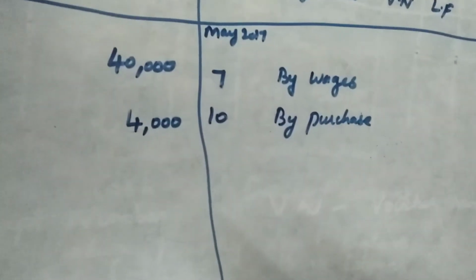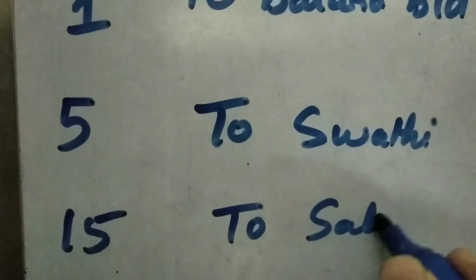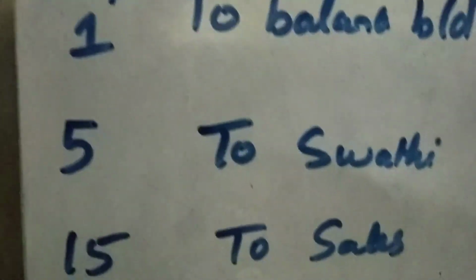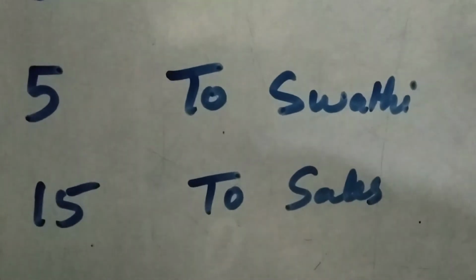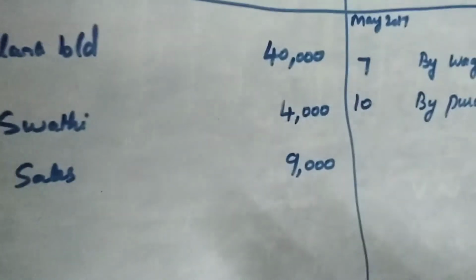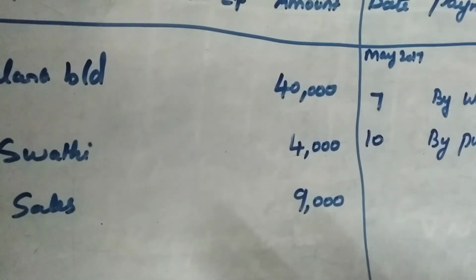Then on 15th, sold goods for cash. 15th, to sales. What is the amount? 9,000. Then on 18th, purchase computer.